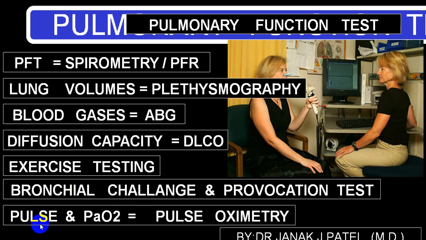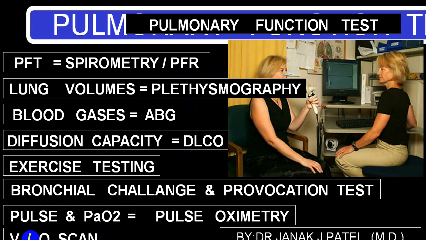And roughly you can do an indirect way of a gas study, that is oxygen level by pulse oximetry, which is a rough technique. Mainly spirometry and peak flow rate are the two main important tests which we are going to discuss.